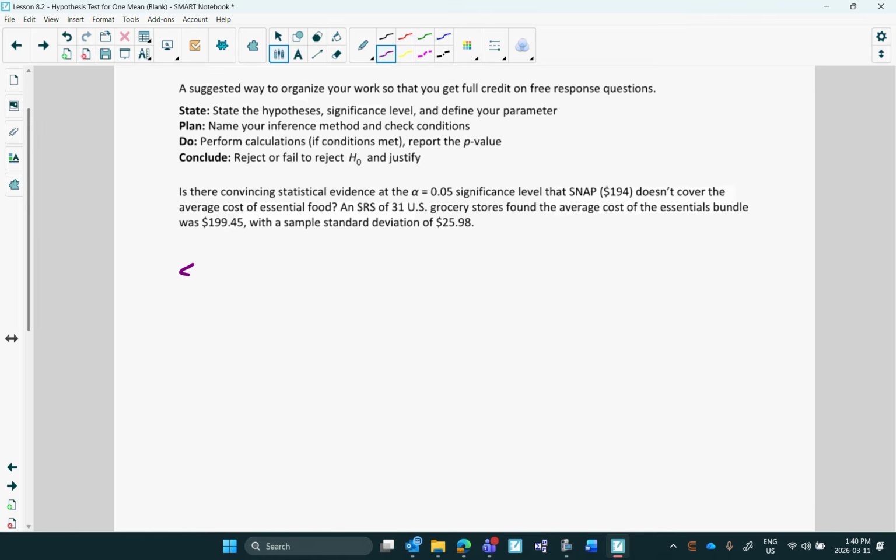First step, state. What are we doing? You're looking up the hypothesis, right? Yep. Okay. And actually, we don't even have to, you can put hypothesis test, but the big things you want are H0, HA, and what mu represents.